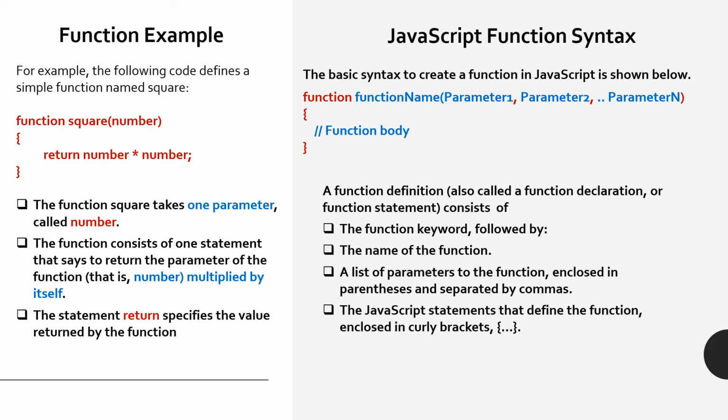This is the normal working of this particular function. This is clear, right? Now you understood what a function is, what the syntax of a function is, and how exactly a function looks.